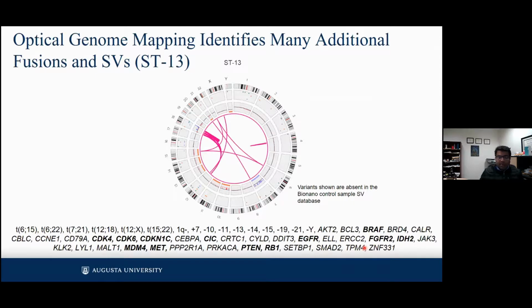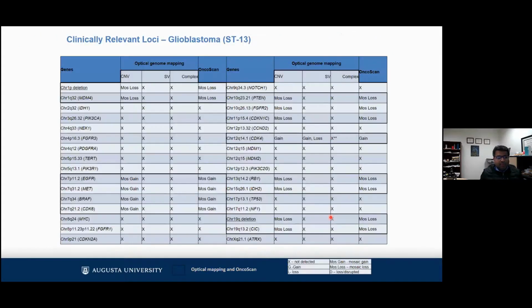Again, coming back to the strength of optical genome mapping, on top of the concordant aneuploidies, we definitely have a huge amount of structural variants, CNVs, and fusions. As you can see, the amount of information we can capture on OGM is significantly higher than what we are currently able to get on a SNP microarray or Oncoscan.